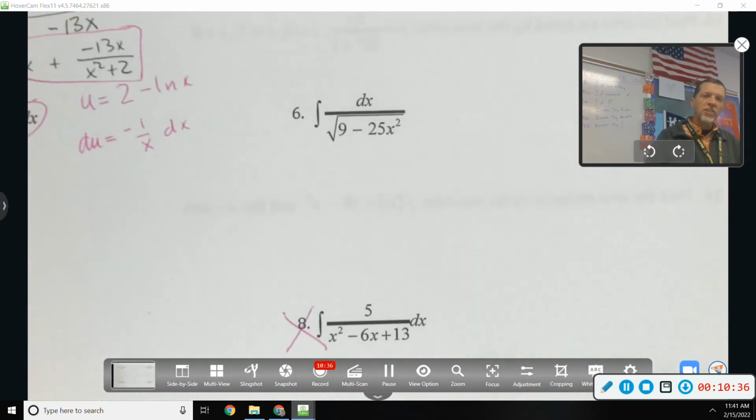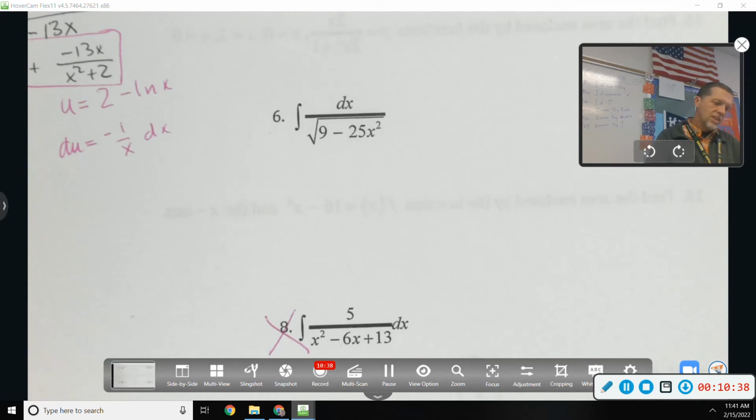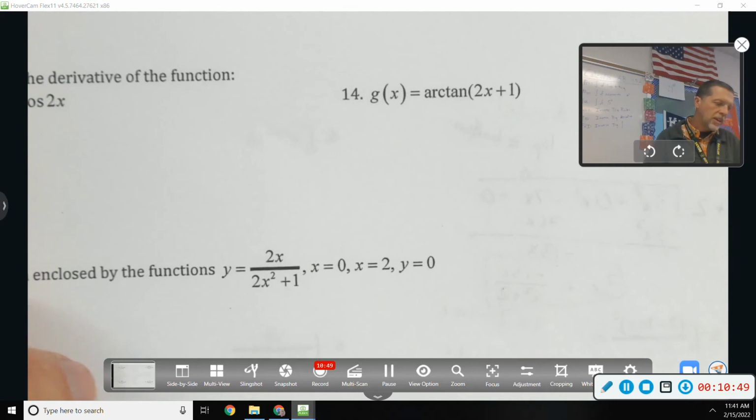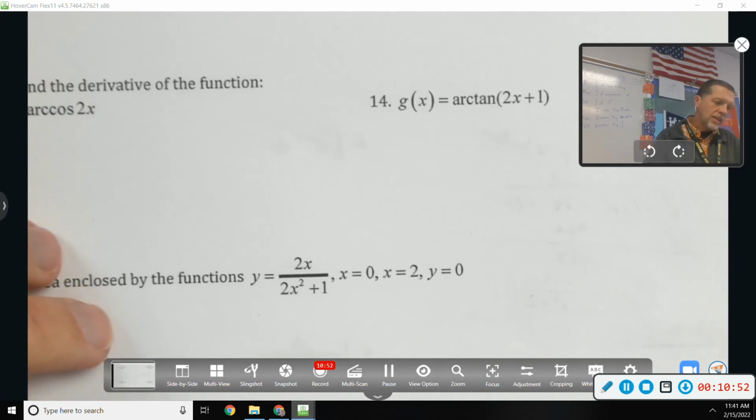What does number 6 look like? Inverse sine, yes. 2 and 4 look like u substitution problems. How about some of the other stuff on the back?